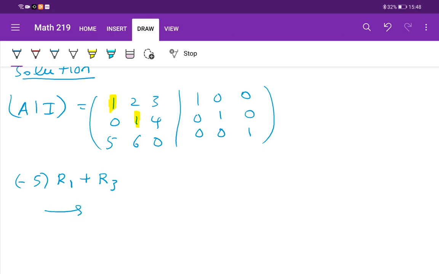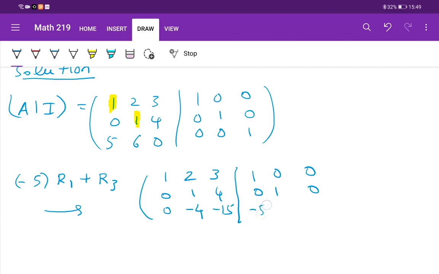The last row becomes 0, minus 4, minus 15, minus 5, 0, 1.